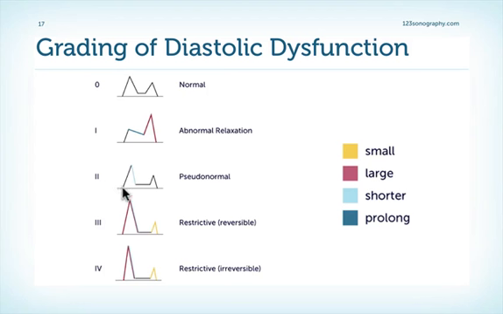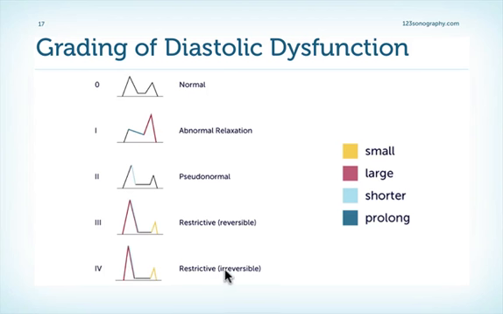Grade 2 would then be pseudonormal, a pattern which is similar to the normal pattern. However, we have shortening of the deceleration time. Then we have the restrictive filling pattern, where we now have an E wave which is twice the size of the A wave. And then we have grade 4, which is also a restrictive filling pattern, with the only exception that we cannot reverse this type of pattern back to a pseudonormal pattern.